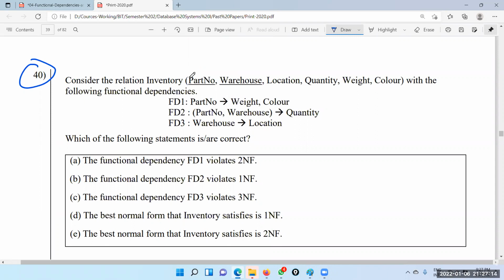Just one table and you have a composite primary key: part number, warehouse number. This is atomic. Part number is there, warehouse is there, location. For this part number, for this warehouse, quantity atomic, weight atomic, color.